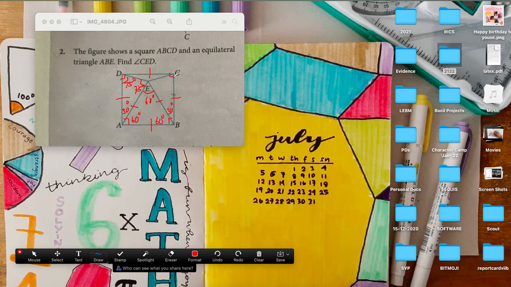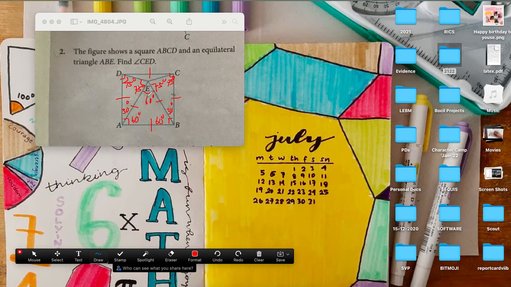So then angle C here and angle E here in the triangle CEB have to be the same size. So each of them will be 180 minus 30 divided by 2. There we get 75 degrees as well.